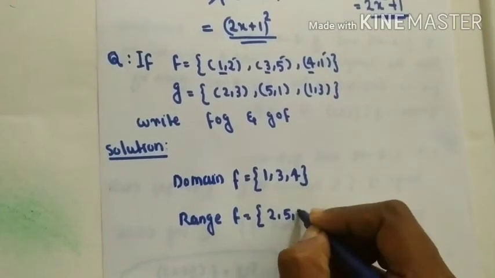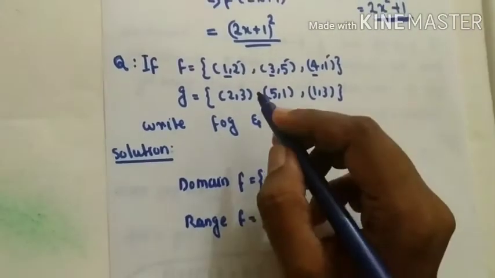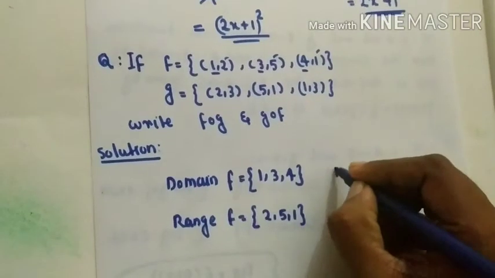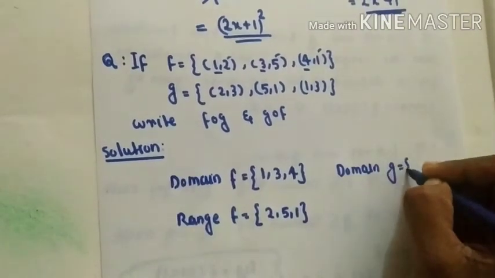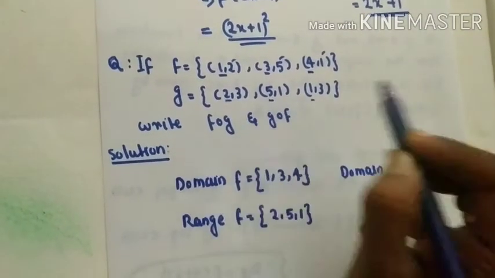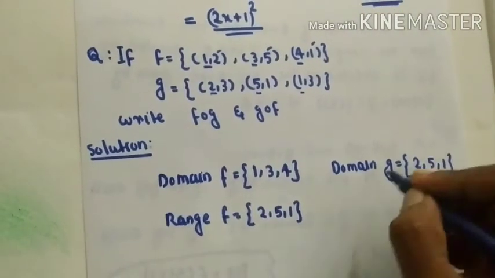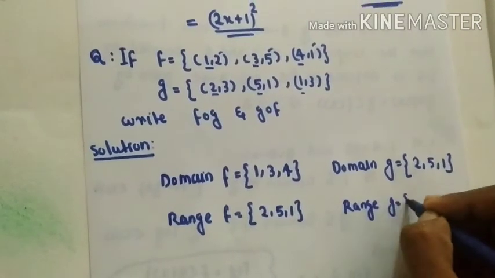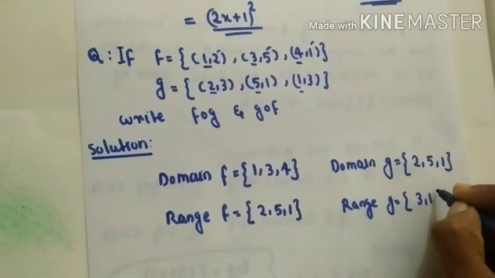Similarly, the domain of function g will be 2, 5, 1. And the range of g will be 3, 1.